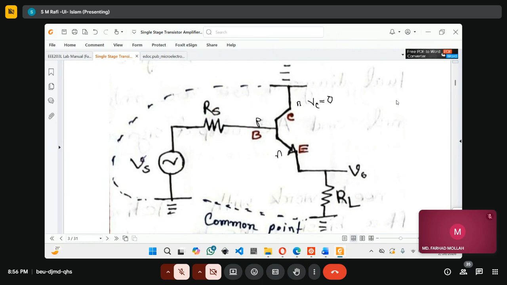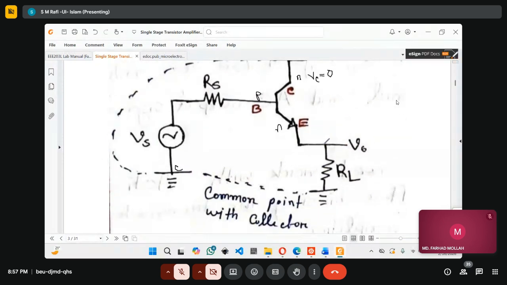As a general practice, we again apply an input voltage through a resistor to the base. We'll collect the output signal across a load resistance which is connected to the emitter, because the collector is grounded. Now, since the collector is grounded, you see the other terminal of the input is also grounded.